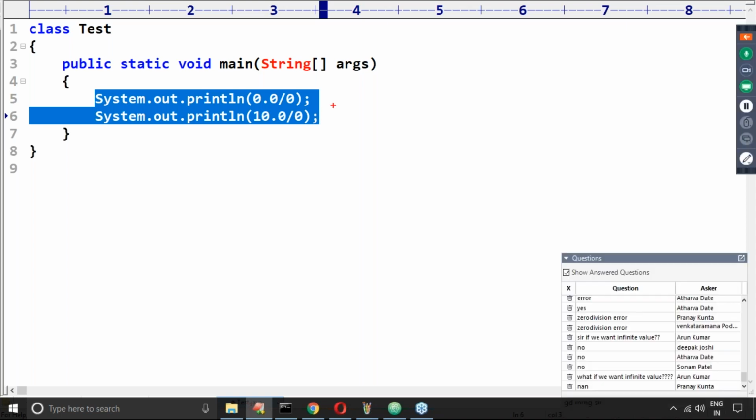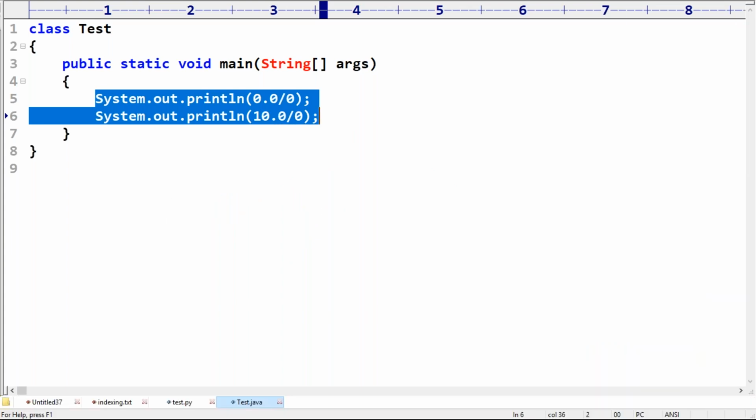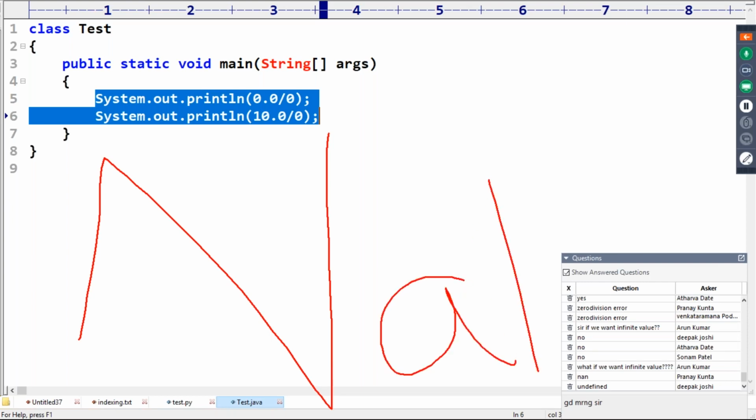Here just take a bit of special care: 0.0 by 0. In normal mathematics, 0 by 0 is always undefined. To represent undefined results, our languages have a facility: NaN, not a number.